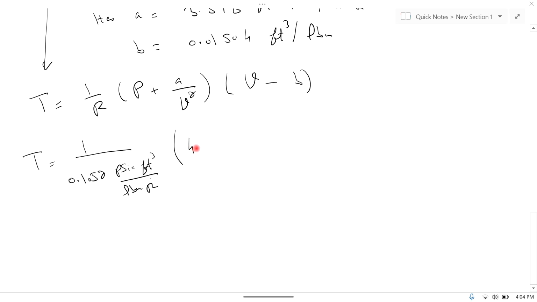So P is 400 psia plus A divided by V square.